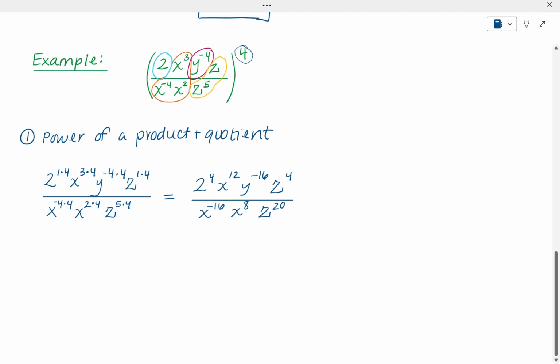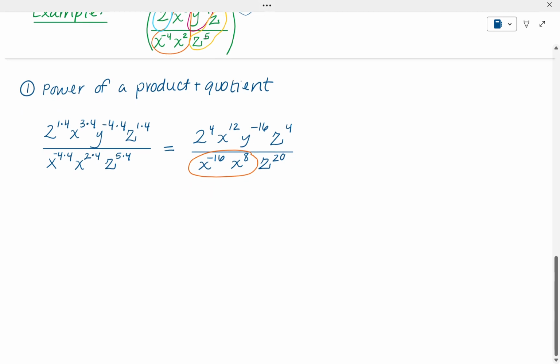All right, so now we are left with combining the x terms and the z terms. So we can do this by breaking it down into more steps. So I notice that there's 2 x variables in the denominator, so let's try combining those first.